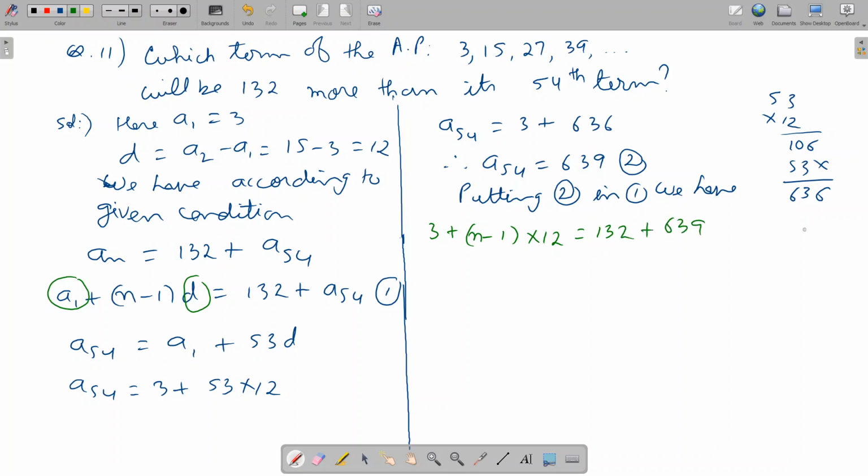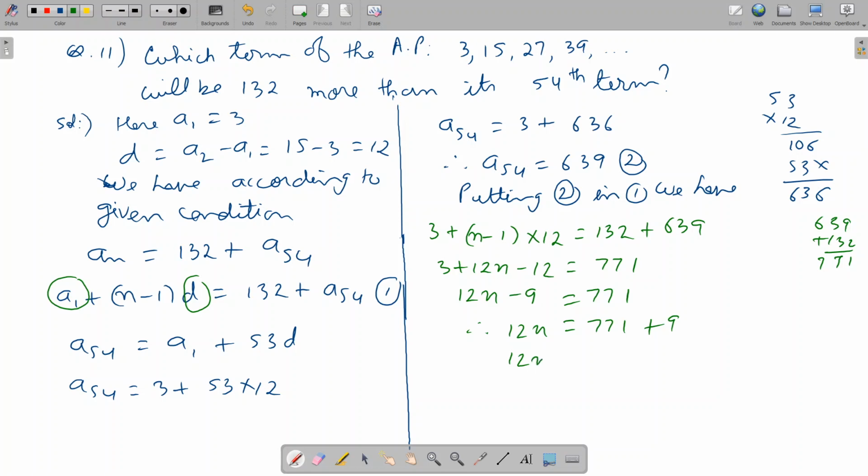So 639 plus 132 gives 771. So we get 3 plus 12n minus 12 equal to 771, and 3 minus 12 is minus 9, so 12n minus 9 equal to 771. Therefore 12n equal to 771 plus 9, so 12n equal to 780.